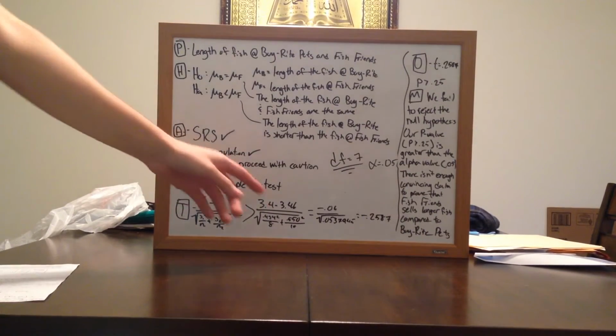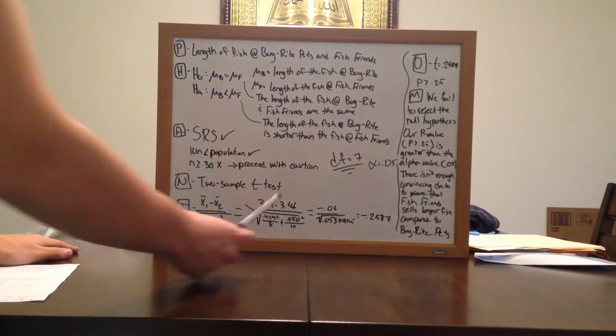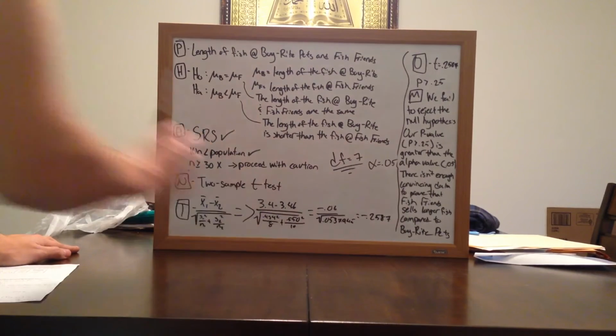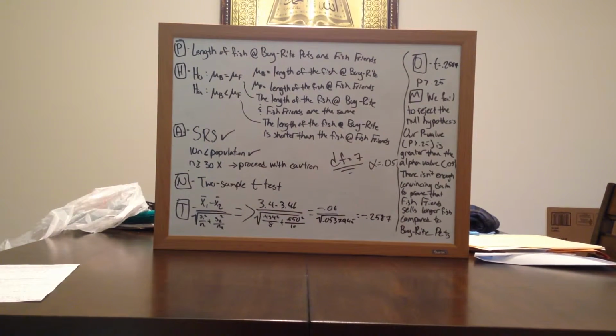After we plug it into our calculator, we get negative 0.2587. You might ask, there are no negative numbers on the t chart in my book. It doesn't matter. If you flip these around, you would get a positive number, so all you have to do is switch that number to a positive. So it's going to be 0.2587.